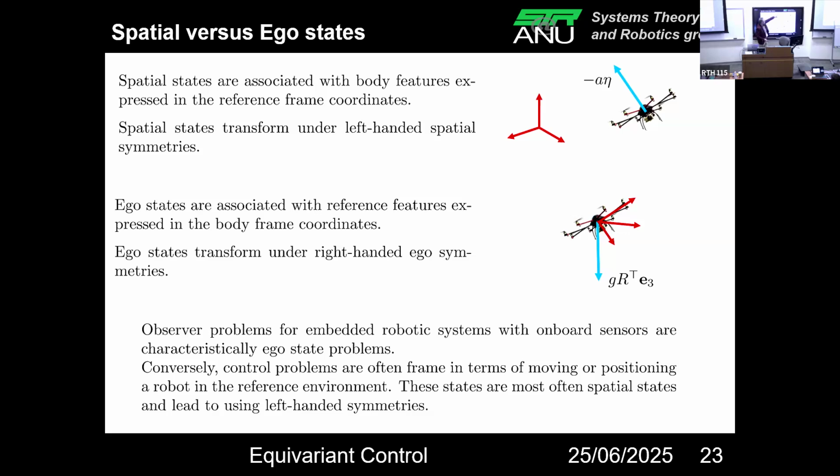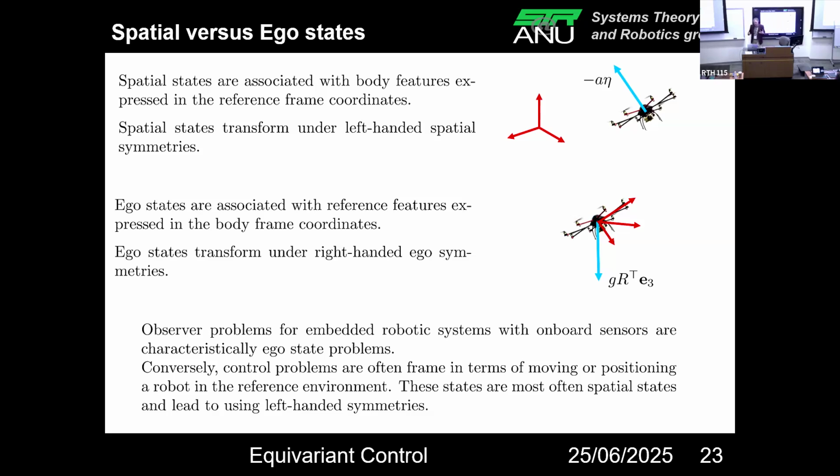So these sort of variables I call spatial variables, and they typically have left-handed symmetries that make everything work. These sort of variables are ego variables, and they typically have right-handed symmetries, and you can see the R transpose E3, which is a right-handed symmetry that Jake was talking about earlier, okay?